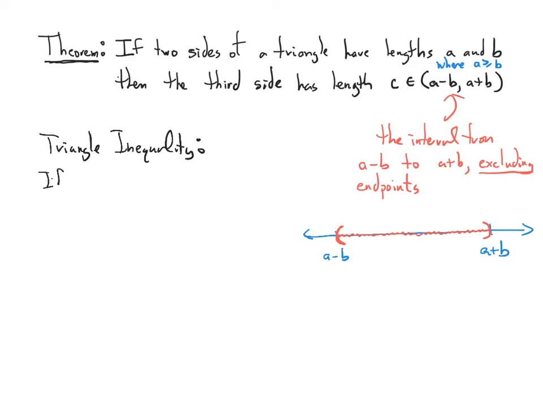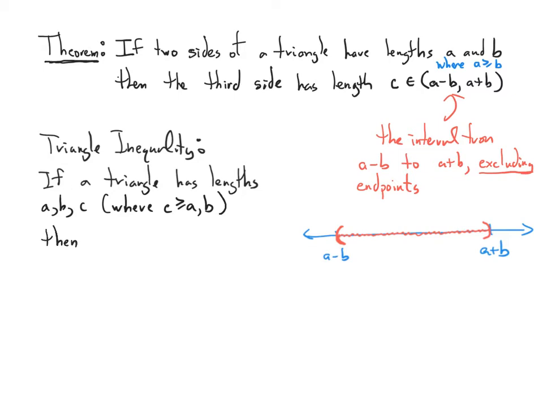And it says, if a triangle has lengths A, B, and C, and I'll say where C is the longest side, so C is greater than or equal to A and greater than or equal to B, then the following holds: the length of A plus B has to be greater than the length of C. So the sum of the lengths of the two shorter sides has to be longer than the length of the longest side. That's what this is saying.